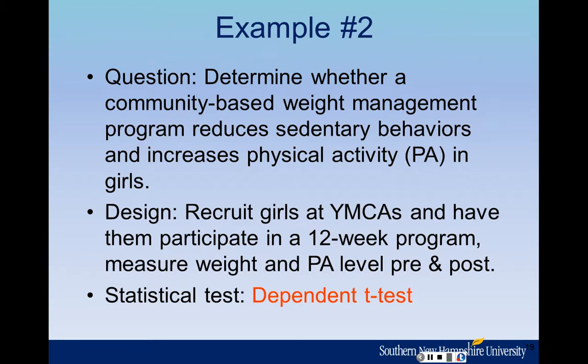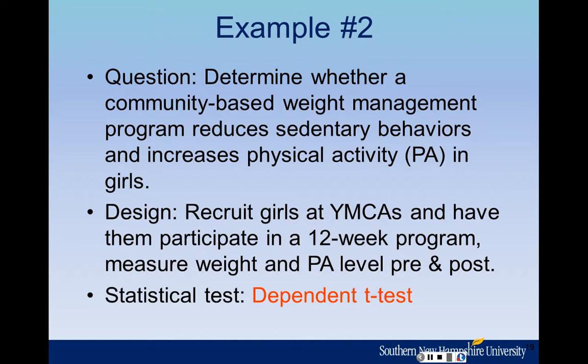You can do another dependent t-test on physical activity level. What was the physical activity level at baseline? Did it change at the 12-week mark? That comparison between baseline and 12 weeks for physical activity level is going to be another dependent t-test. You could do sedentary behaviors. You could measure hours that they spend being sedentary at baseline and then repeat that measurement at 12 weeks.